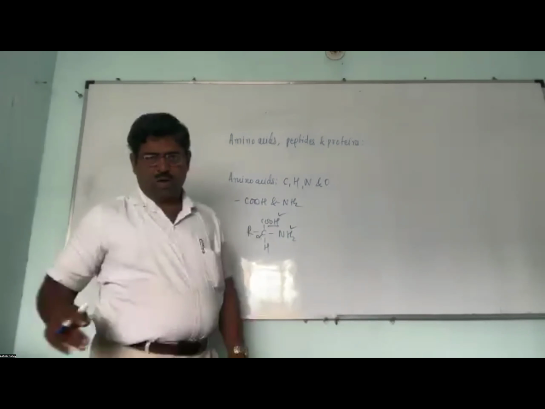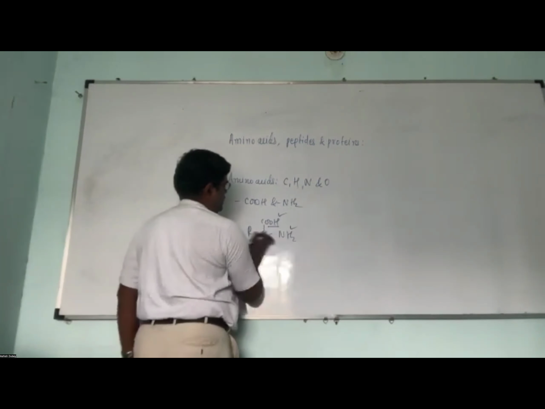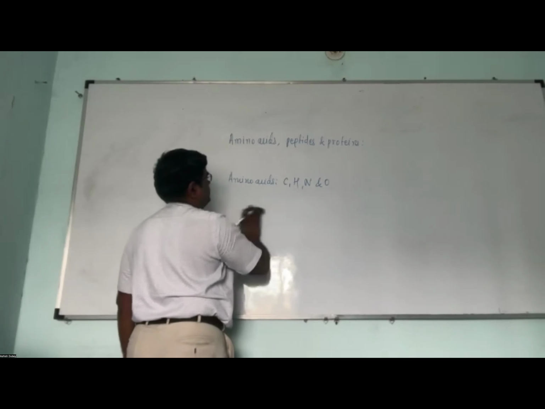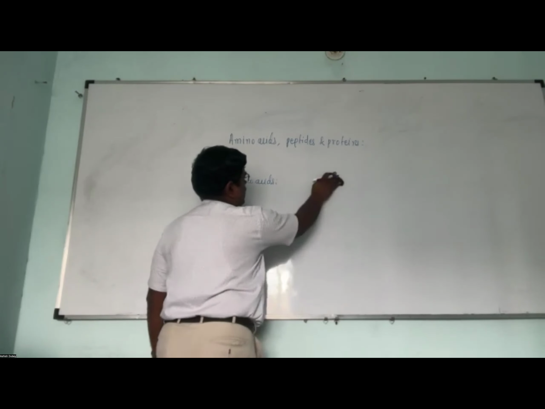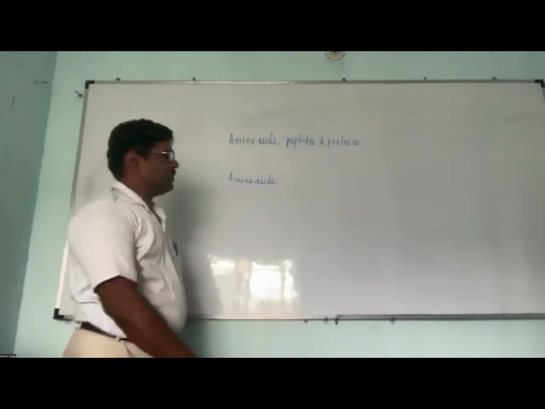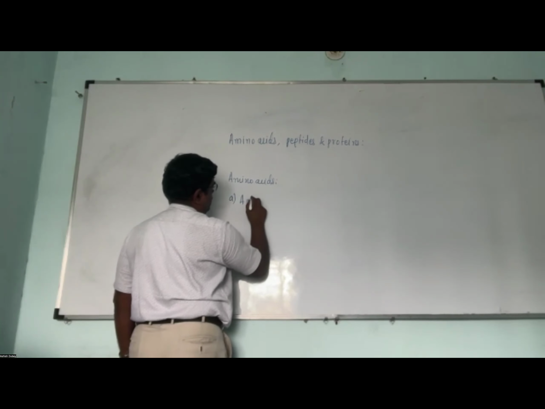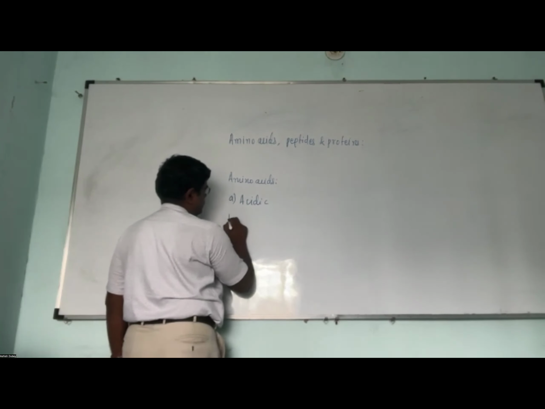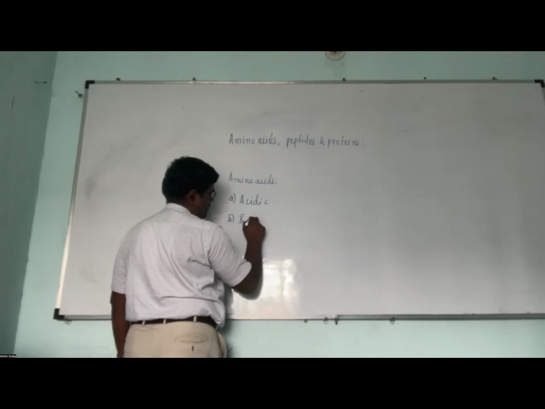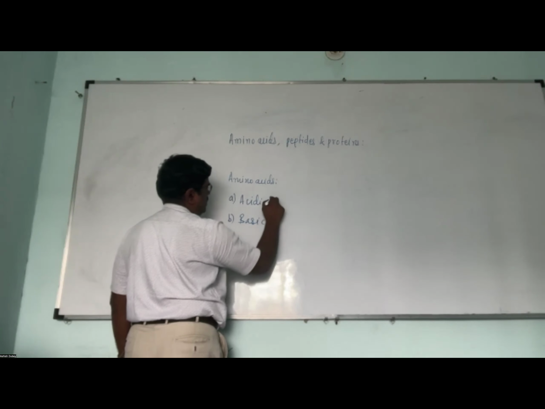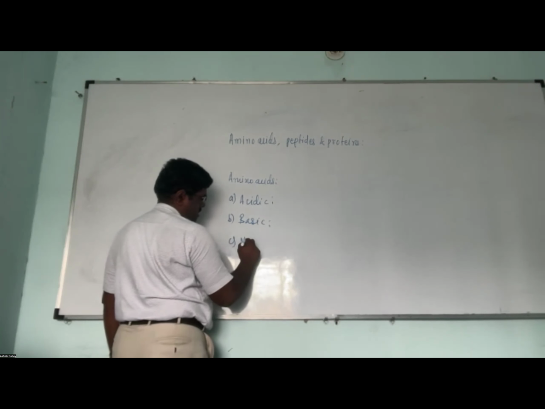Right? Now, depending on the number of amino groups and acid groups, amino acids are classified into 3 types: first, acidic; second, basic; and third, neutral.